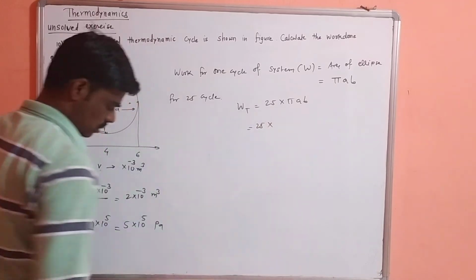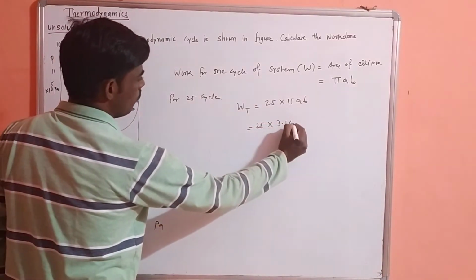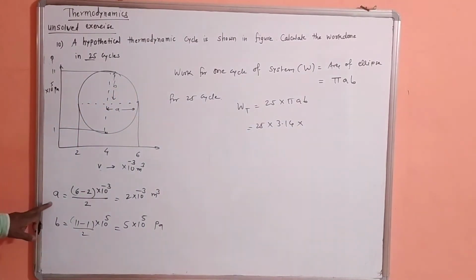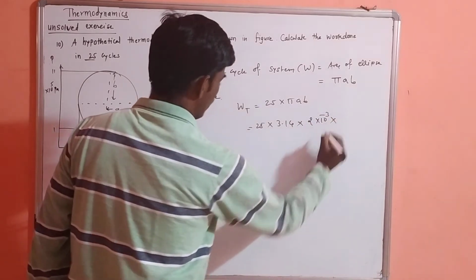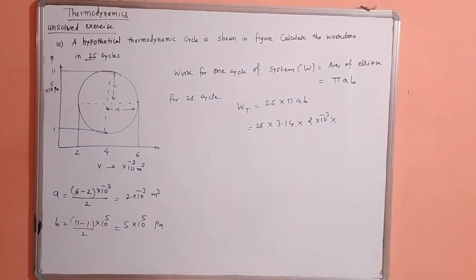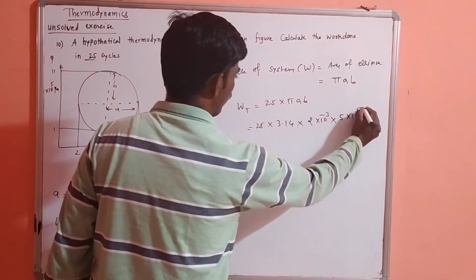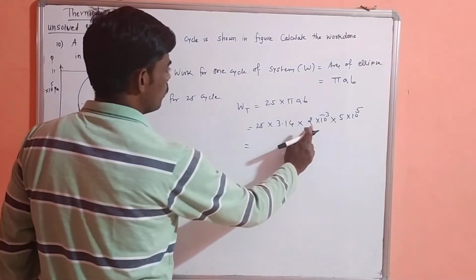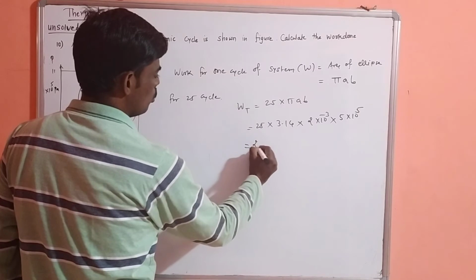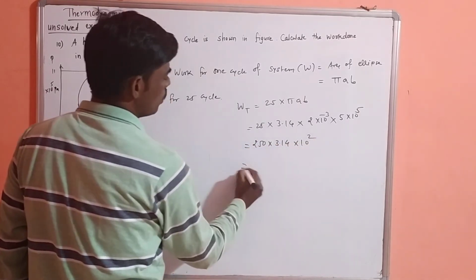Now it is very simple: 25 into pi, 3.14, value of A is 2 into 10 raised to power minus 3, and value of B is 5 into 10 raised to power 5. So solve it. 5 into 2 is 10, then 250, 3.14, 10 raised to power 2.